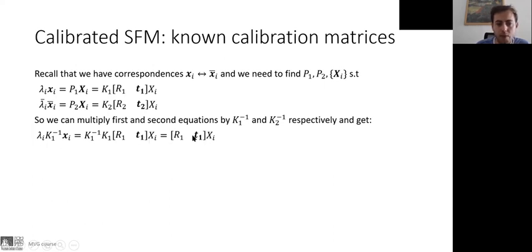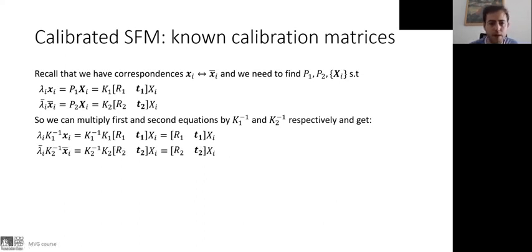So we just multiplied the first equation by K1 inverse from both sides. We can do the same thing for the second equation, where in this case you multiply by K2 inverse. And we get the following two equations.